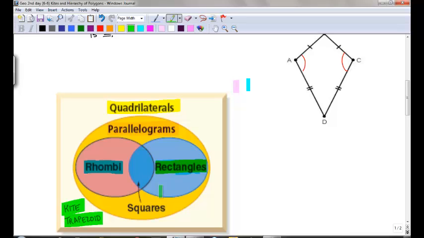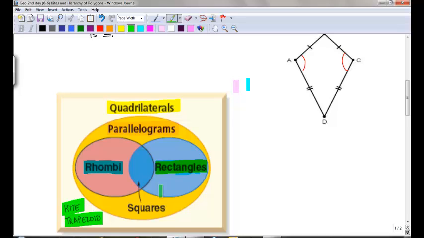Now, if you look at that Venn diagram, if I said you have a square, is a square a rectangle? Yes. Is a square a rhombus? Yes. Is a square a parallelogram? Is it in that big ellipse? Yes. Is a square a quadrilateral? Yes. Now, if I give you a rhombus, is a rhombus a rectangle?